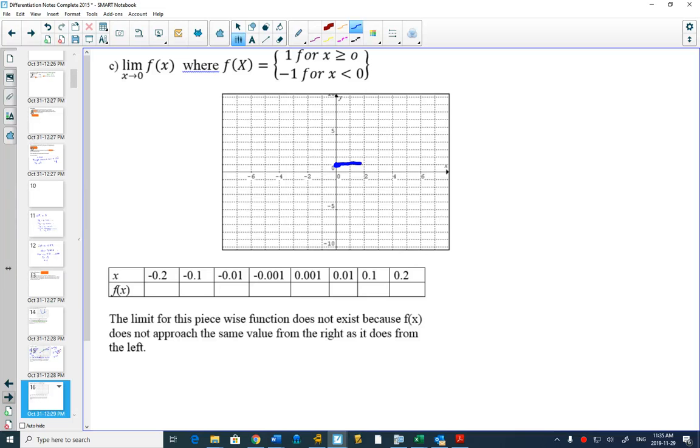So I'm going to graph that in blue. And whenever x is less than 0, it's equal to -1. And here would be an open circle because it says less than 0, but not less than or equal to 0.